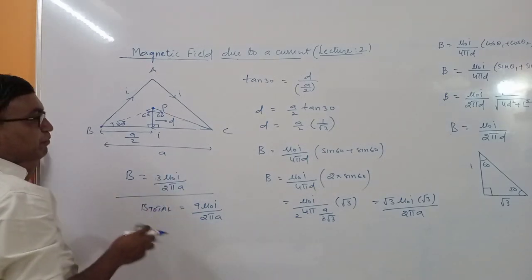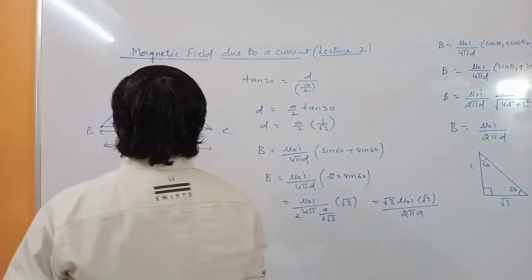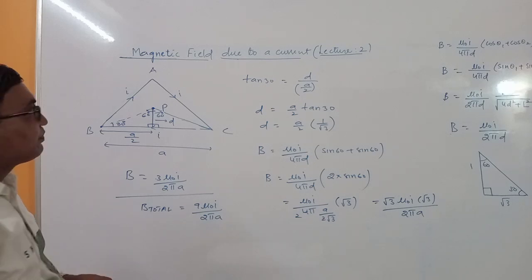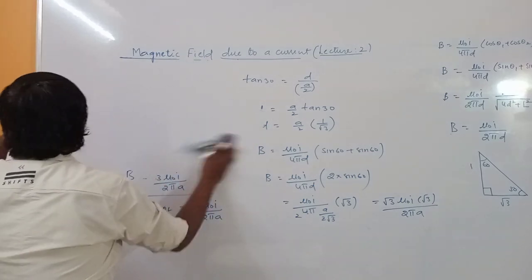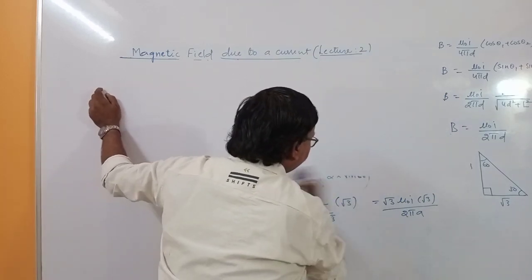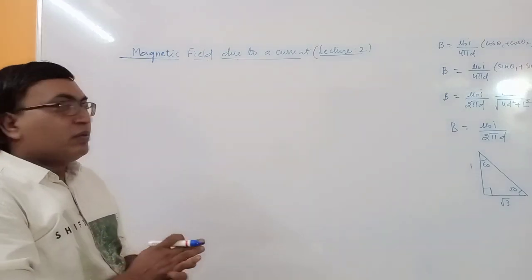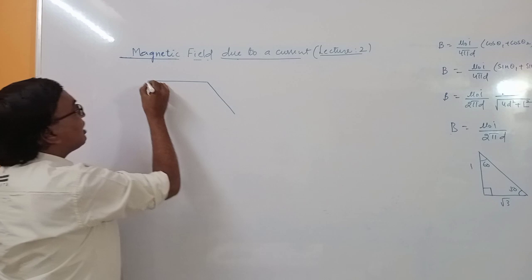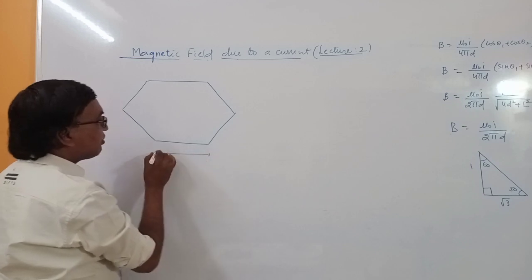Then similarly you can find out the magnetic field due to a hexagon, a loop in the shape of a hexagon of side A. That is homework for you. So, problem for you: you have a regular hexagon carrying a current I whose side is A. This is a regular hexagon.